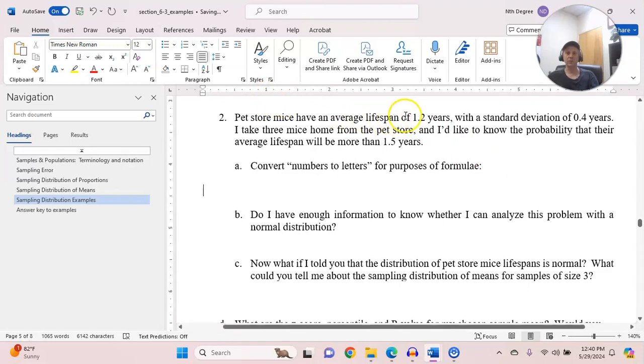For example, we see a 1.2 up here, we see a 0.4, and there are some other numbers in this paragraph. I want to pause the video for a while and have you think about this first. I would like you to practice figuring out exactly which symbol represents each one of these numbers. I'll give you 5 seconds to pause the video and think about it, and then when you unpause, I'll present the answers here.